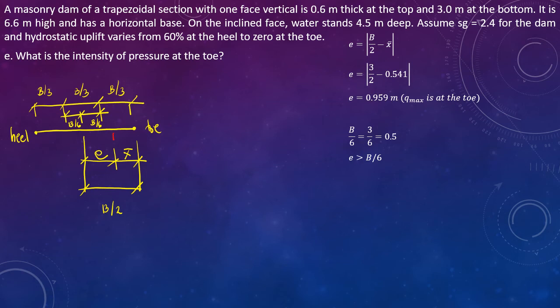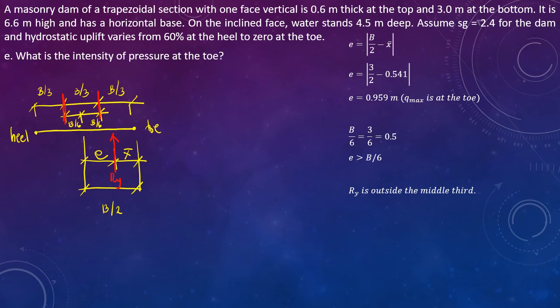So this is Ry, and we can see that Ry is outside our middle third. So if E is greater than b over 6, Ry is outside the middle third.